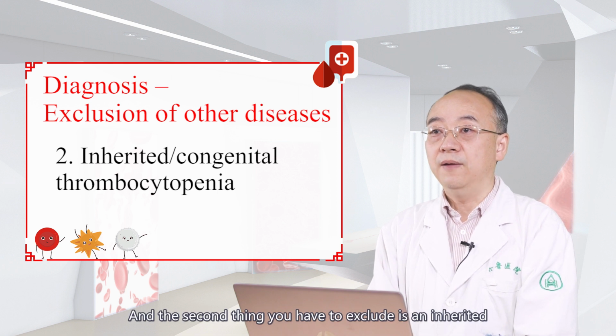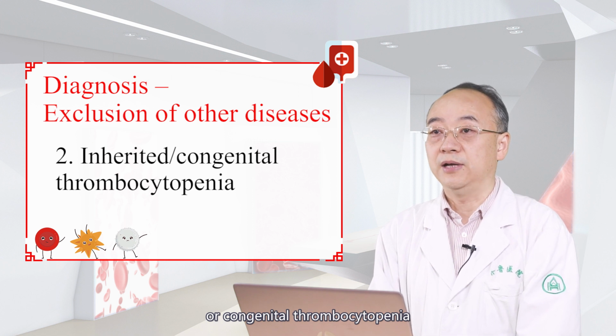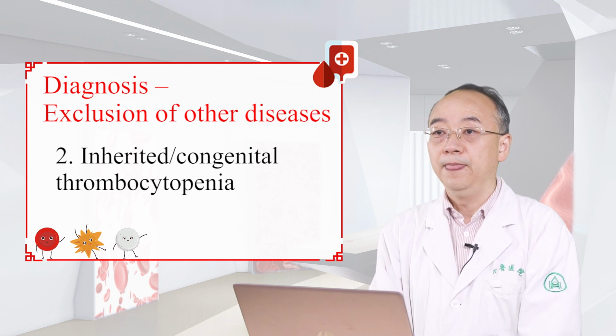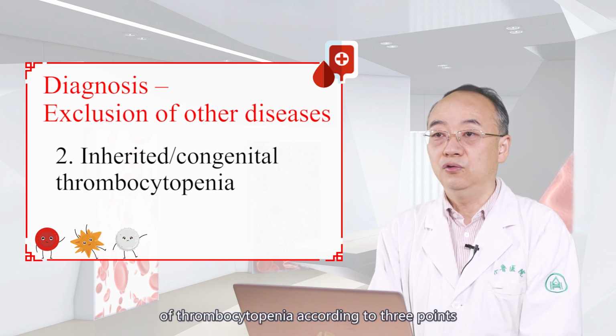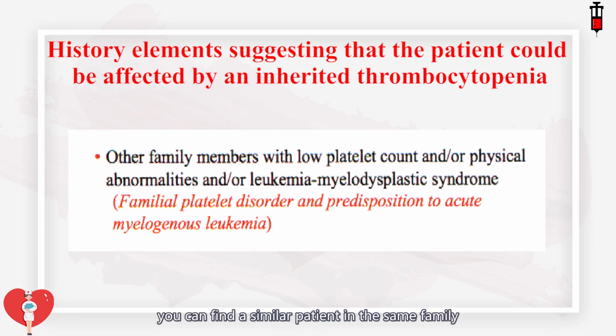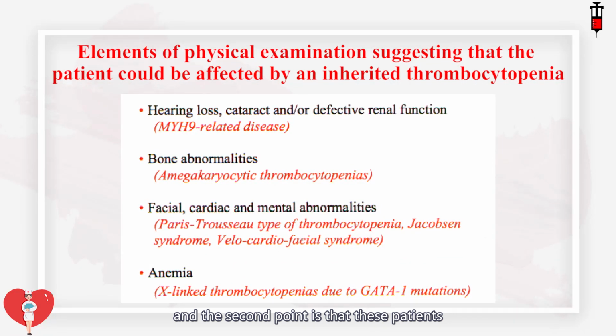The second thing you have to exclude is inherited or congenital thrombocytopenia. There are many kinds of inherited and congenital thrombocytopenia, but you can identify this kind according to 3 points. One is family history. You can find similar patients in the same family, 2, 3, 4, 5, or more. The second point is that besides the thrombocytopenia, these patients have other abnormalities.